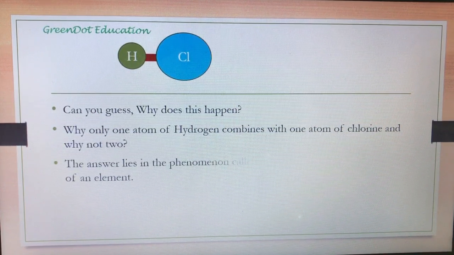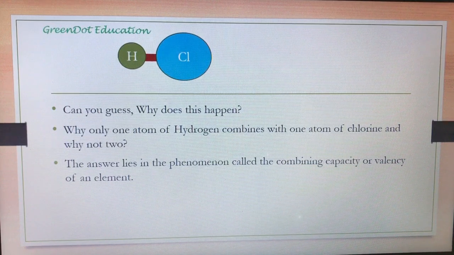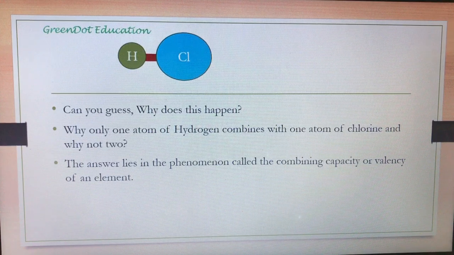The answer for this phenomenon lies in a property of the atom of an element that is known as combining capacity or the valency of an element. Combining capacity means the capacity of an atom to join or to form a bond with an atom of another element.